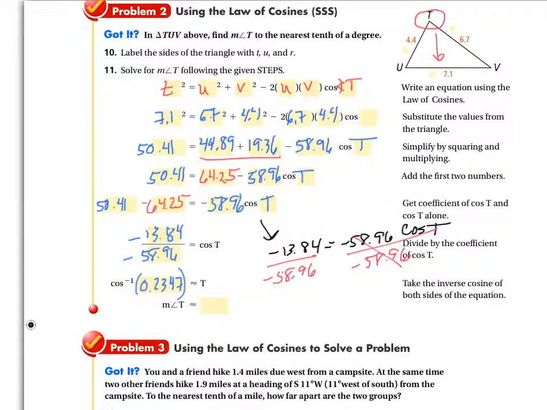So do second cosine, and then second answer, which is above the negative. What'd you get? 76.42. Yeah, you should have 76, and we're going to the nearest tenth, right? 76.4, and that's in degrees.